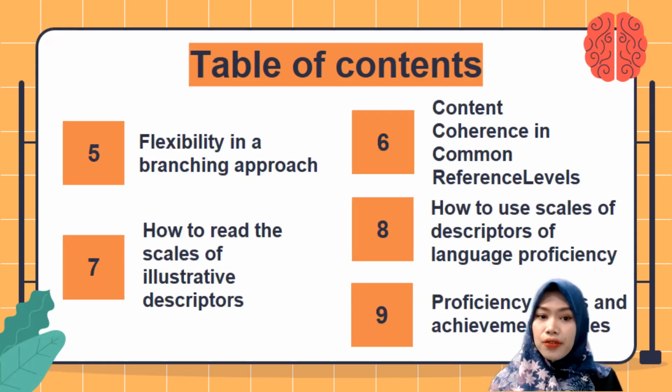And then the fifth, flexibility in the referencing approach. The sixth is content coherence in common reference levels. The seventh is how to read the scales of illustrative descriptors. And then the eighth, how to use scales of descriptors of language proficiency. And the last is proficiency levels and achievement grades.